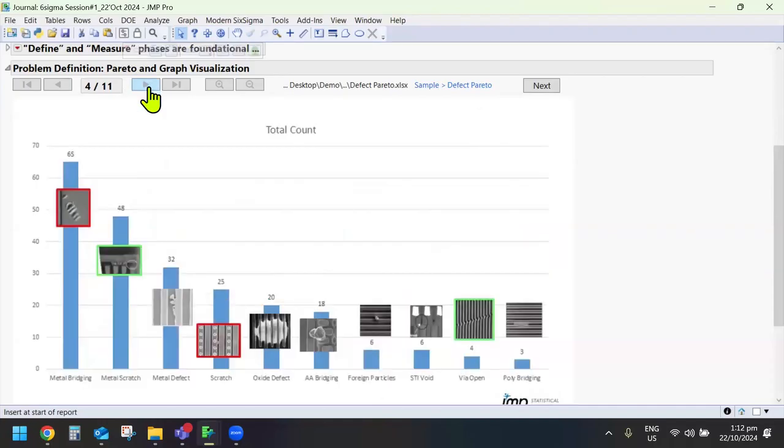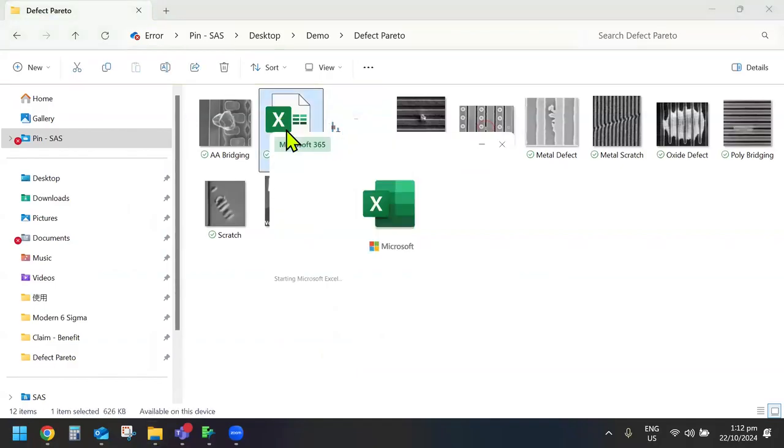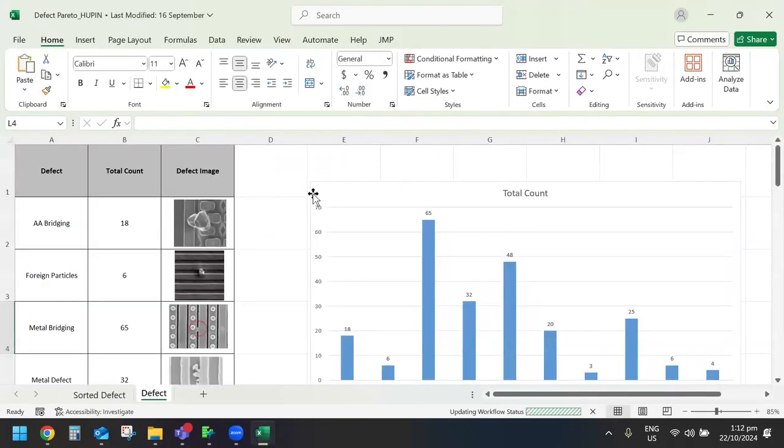Let me show you one example, where I am using an Excel file to do the Pareto chart. I want to show you, using the Excel file, what headaches we are going to encounter. If you see my Excel file, this is the type of semiconductor defect.